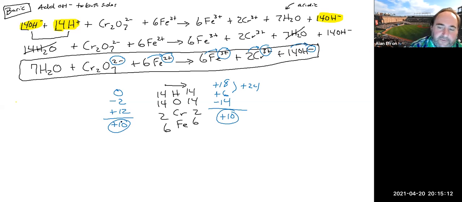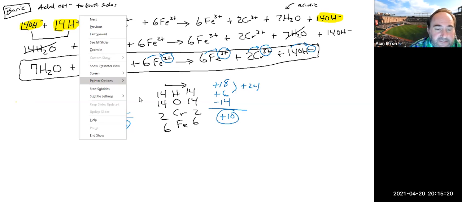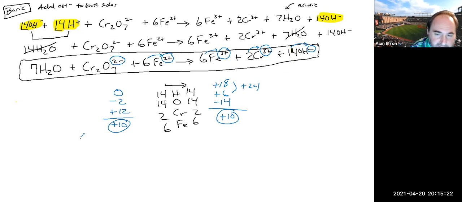This would represent the balanced equation for basic conditions. How do I again know it's basic conditions? What do I have in my equation? No H plus, but I got some OH minus there, which tells me it is basic.